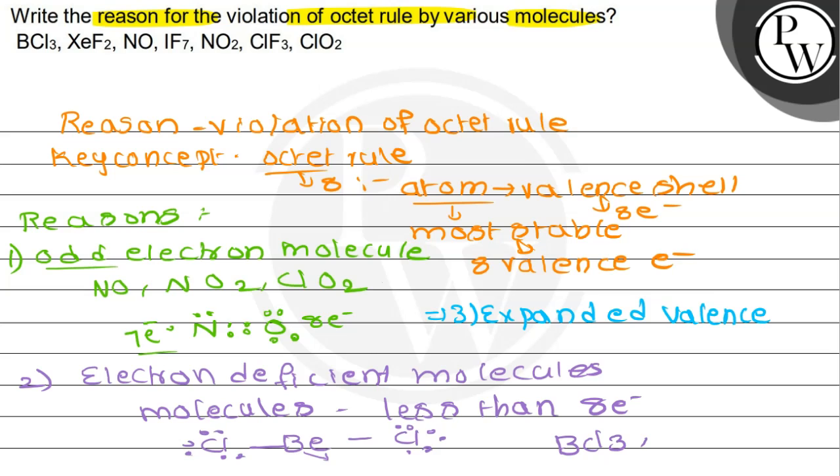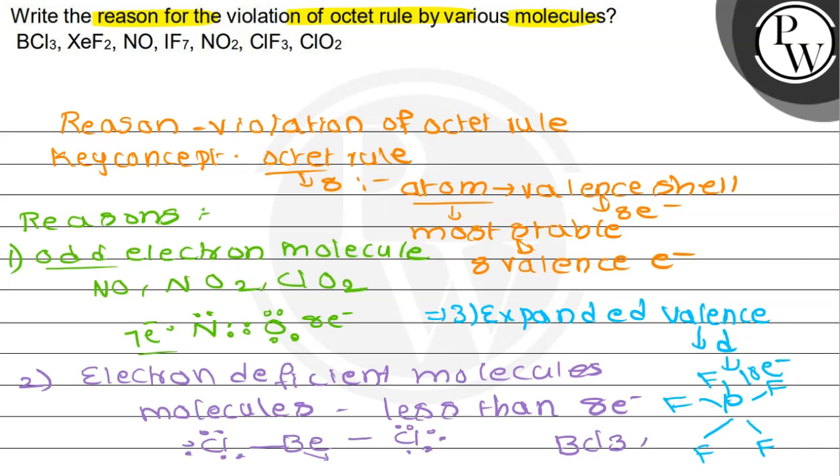That means they have more than 8 electrons in their valency shell due to the presence of empty d orbitals. What do they have? More than 8 electrons. For example, PF5. Whenever we count electrons around the phosphorus, 1, 2, 3, 4, 5, 6, 7, 8, 9, 10. 10 electrons, that is more than 8 electrons.